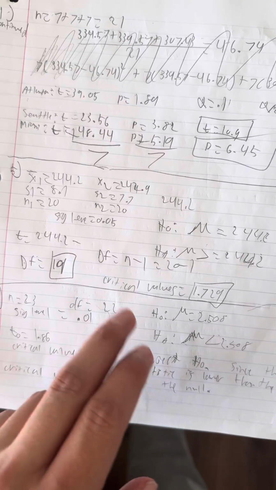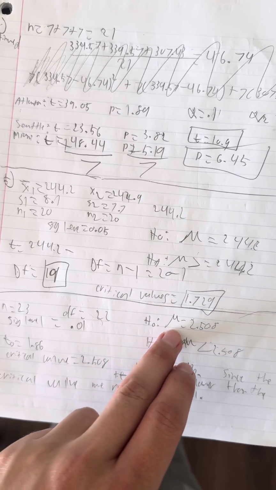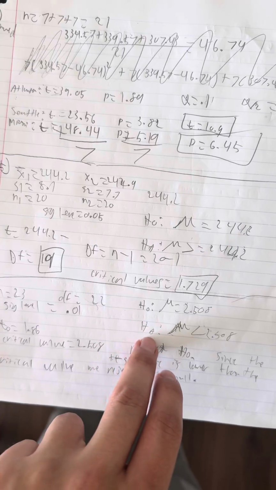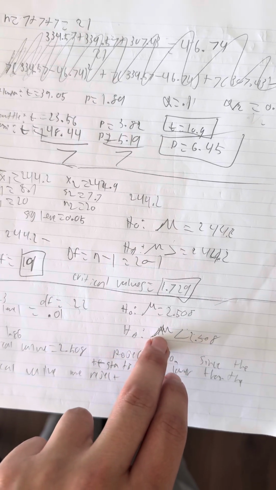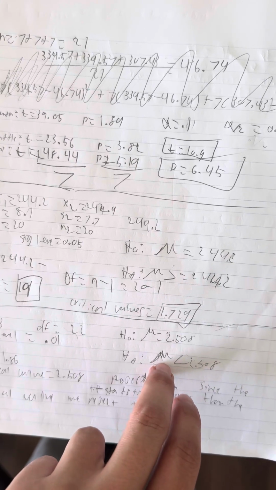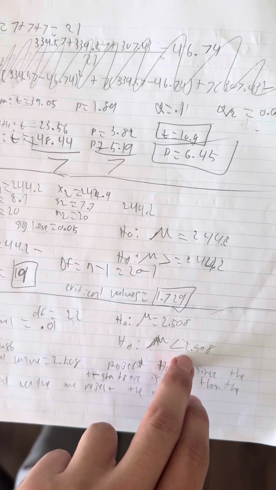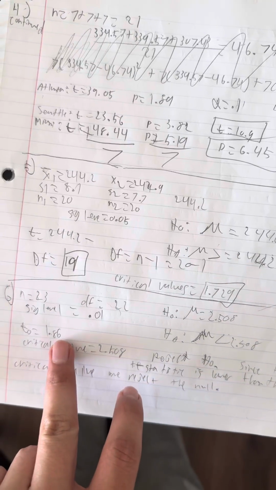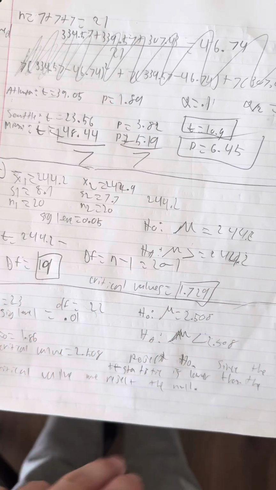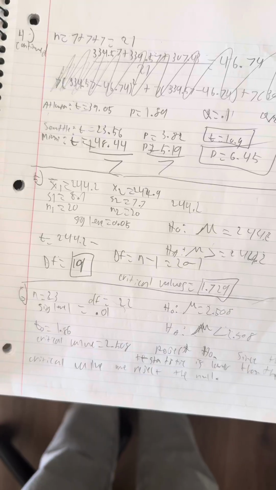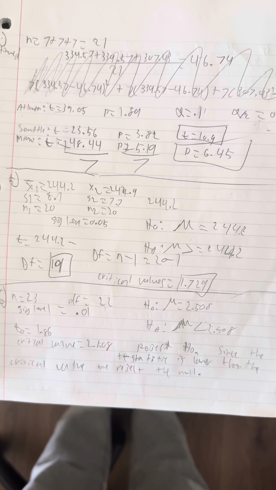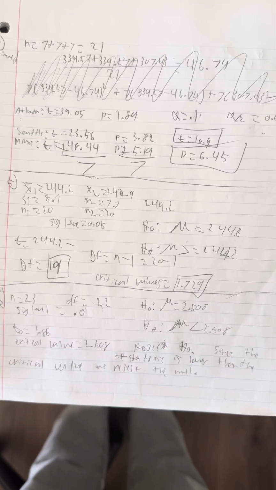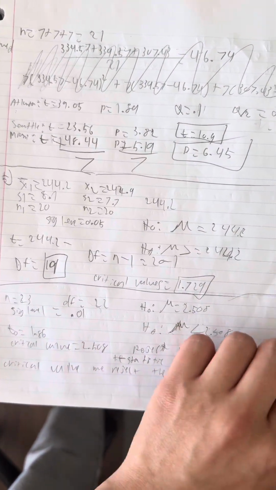So the null is that the mean is equal to 2.508, and the alternative hypothesis is that the mean is less than 2.508. Since our t-statistic of 1.86 is lower than the critical value, we reject the null.